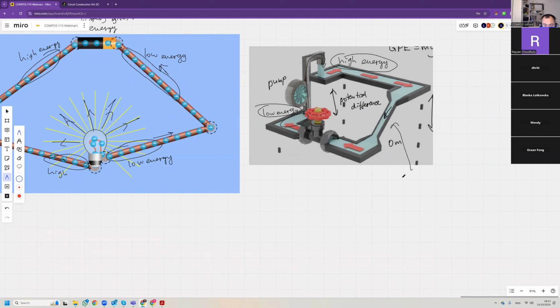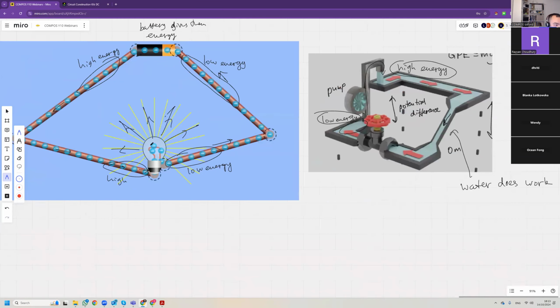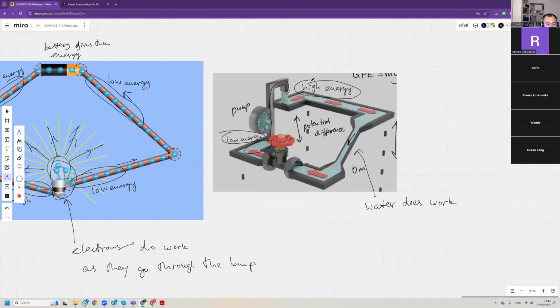So water does work, just the same way electrons do work as they go through the lamp. So when we're talking about energy, we say high potential.